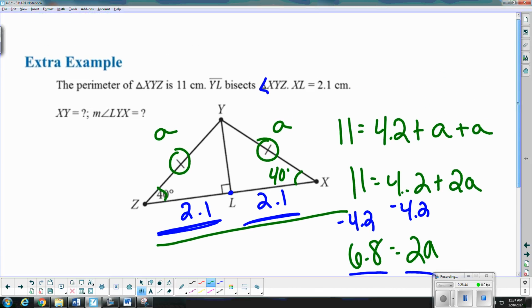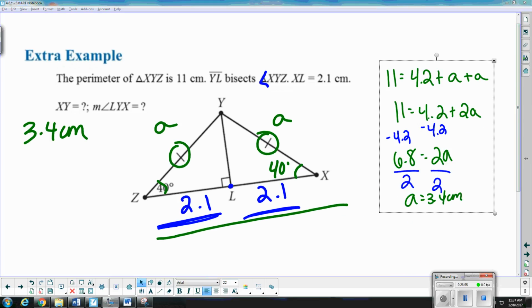All right, so XY, that's our A. We just solved that. That was 3.4 centimeters. Now our second goal is to find the measure of angle LYX.